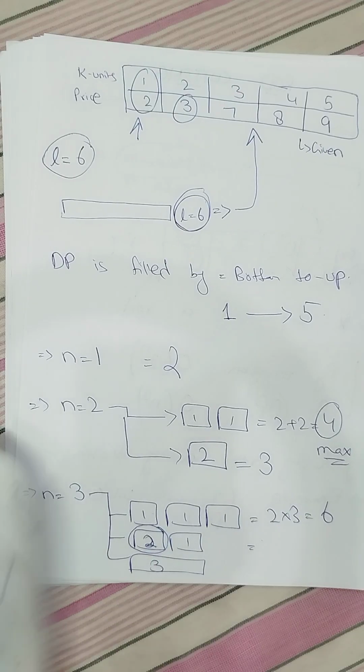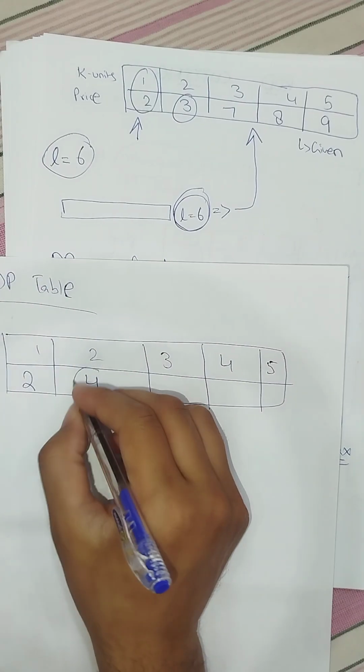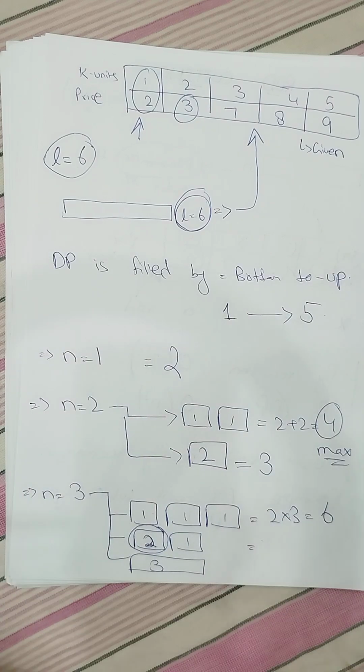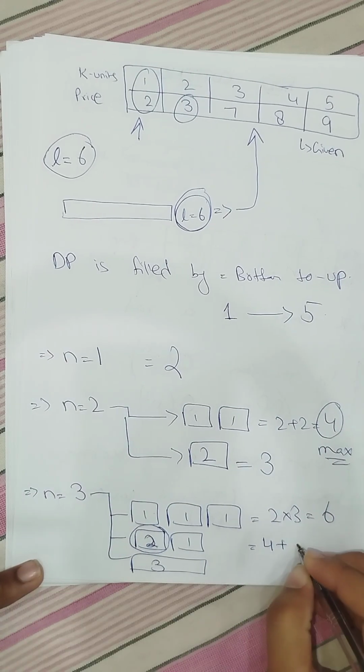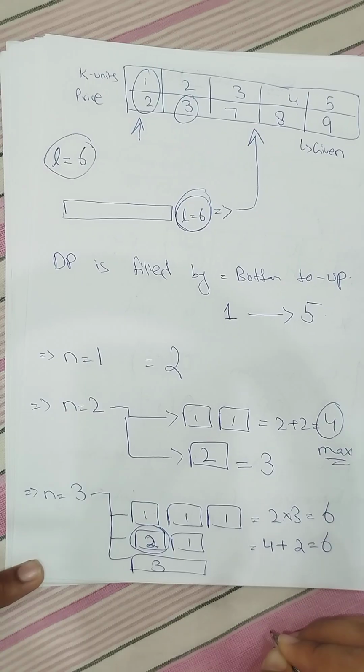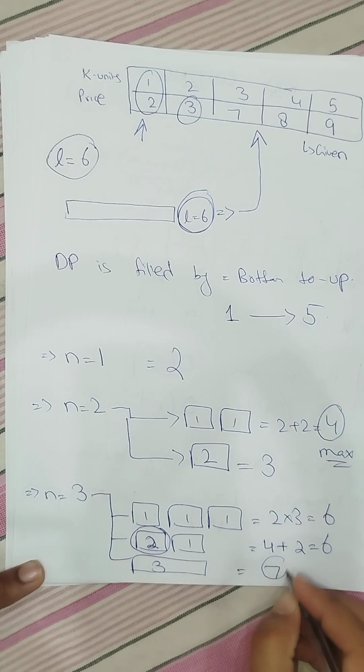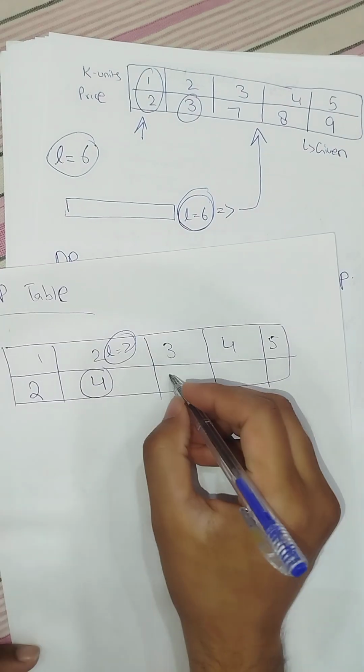For length 2, we have a value of 4. So we can write 4 plus 2, here we go, also we have the value 6. And for the 3 we refer here, 7. So the maximum is 7. We can fill this in the DP table.